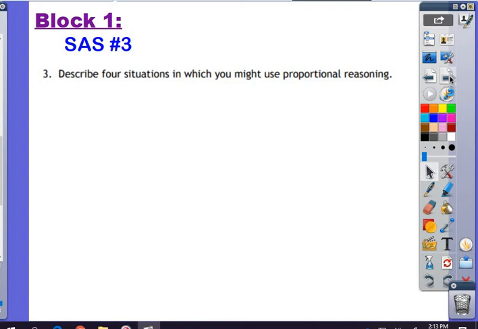Number 5, you need to use your LEAP reference sheet to help you solve it. So you might want to write LEAP reference sheet. Where is your LEAP reference sheet? In your binder. Okay? And I will be checking that Tuesday.